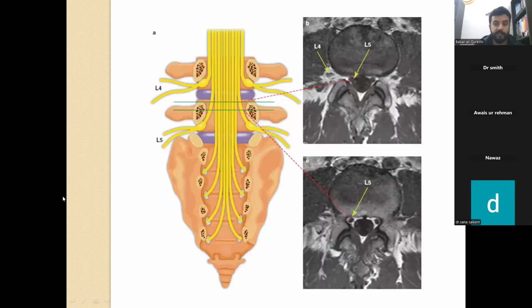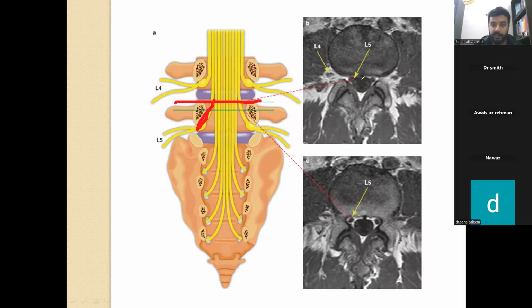Now, this is the arrangement of the nerve roots inside the canal. Looking at the cuts, first let's see the upper one. In the upper cut, as we can see, this is the L5 vertebra, and so we are commenting on the L5 nerve root, right?